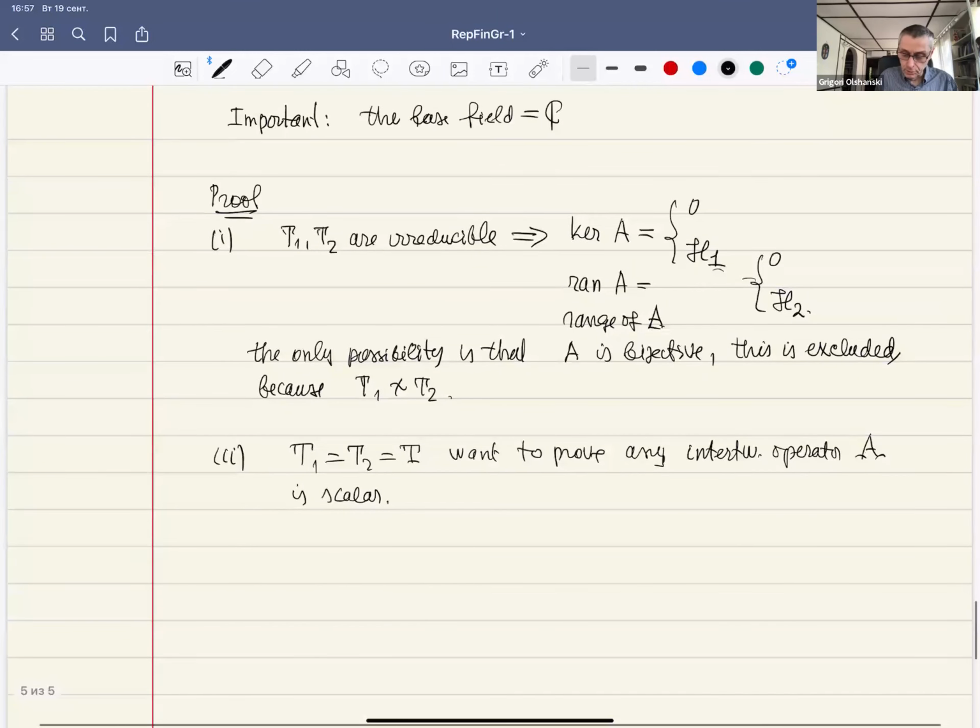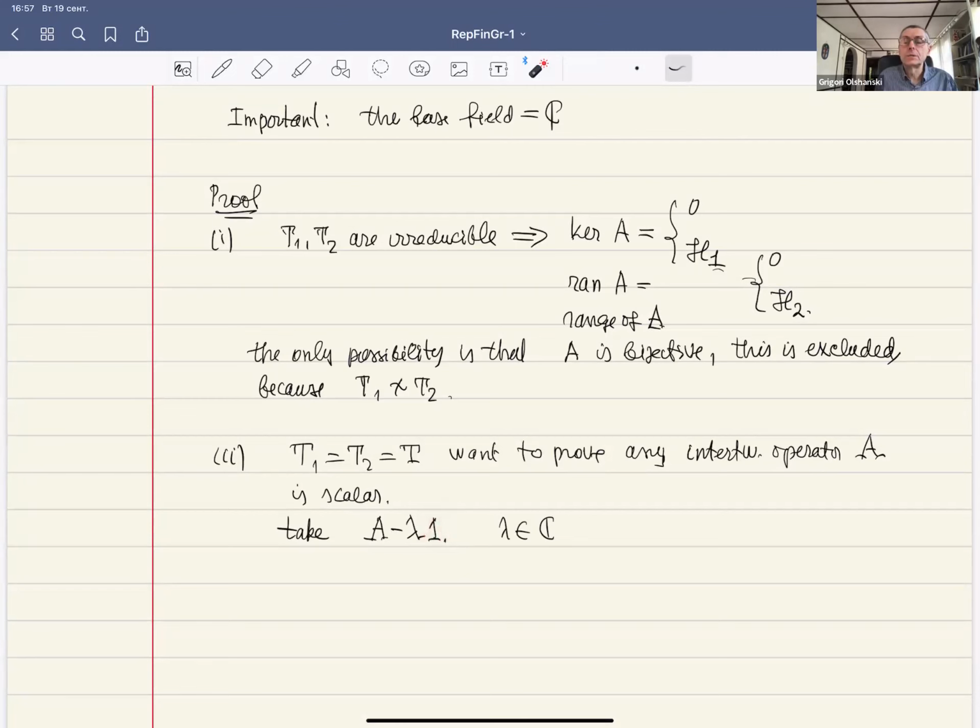The idea is as follows. We already have scalar operators which are intertwining. So take A minus lambda times 1, where lambda is some complex number and 1 is the identity operator. And we see that such an operator is also intertwining.